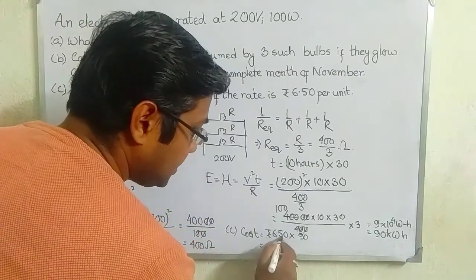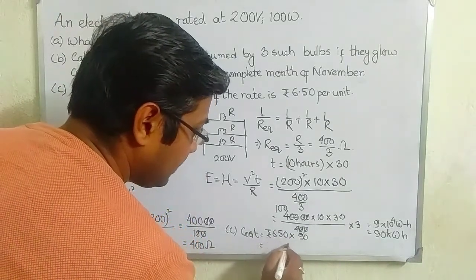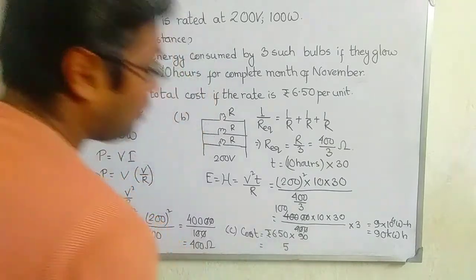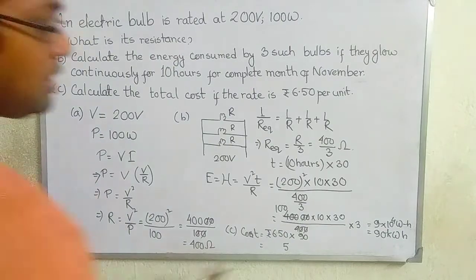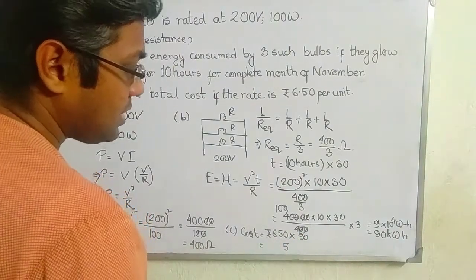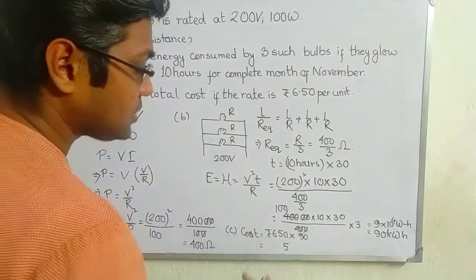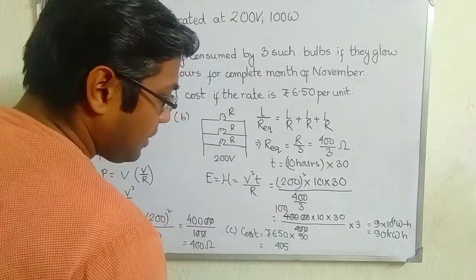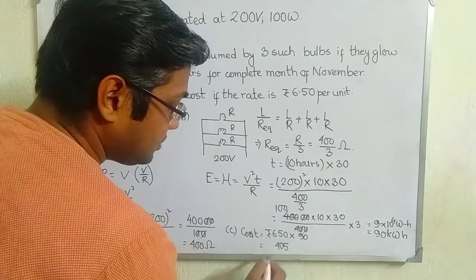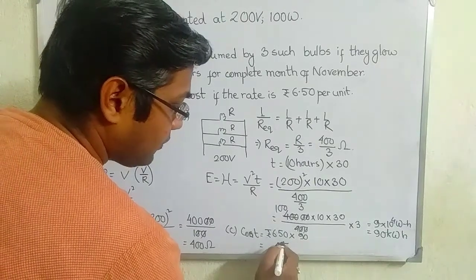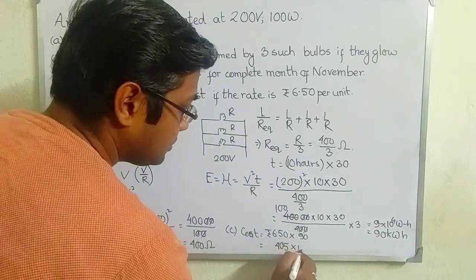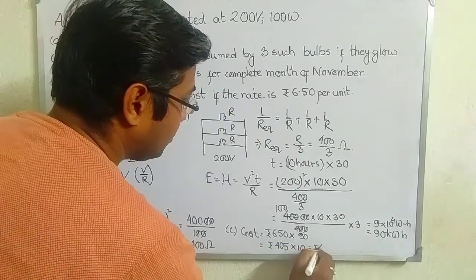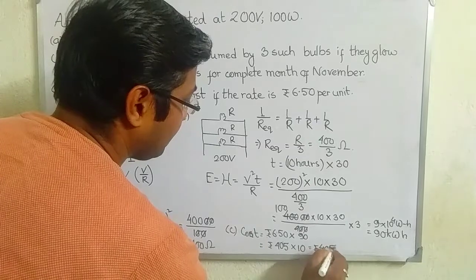So I can treat it as 6.5 into 9. 9 5s are 45, 4 in my hand, 9 into 6 is 54, plus 4 is 58. Let us check: 9 into 6 is 54, so 54 plus 4 is 58, giving 58.5, and then into 10, simply 585. So this is the answer.